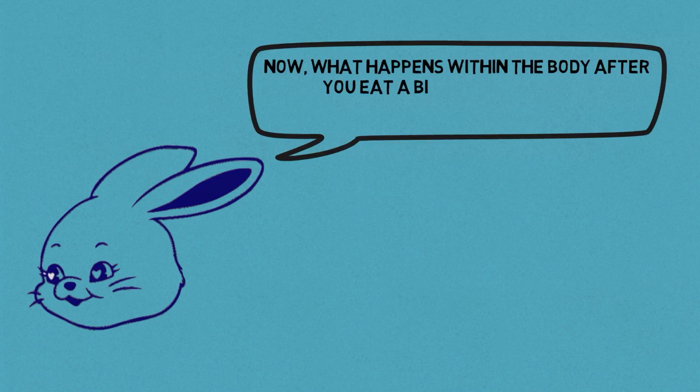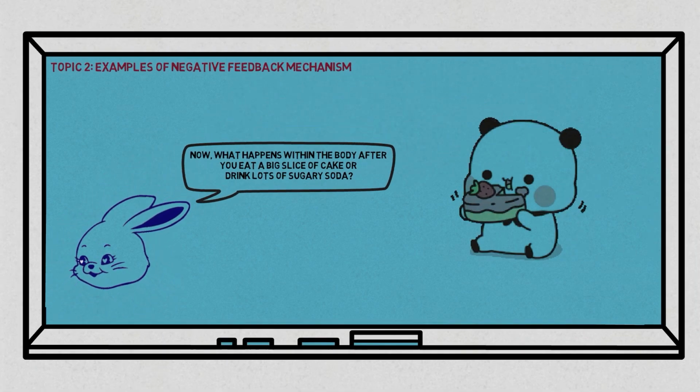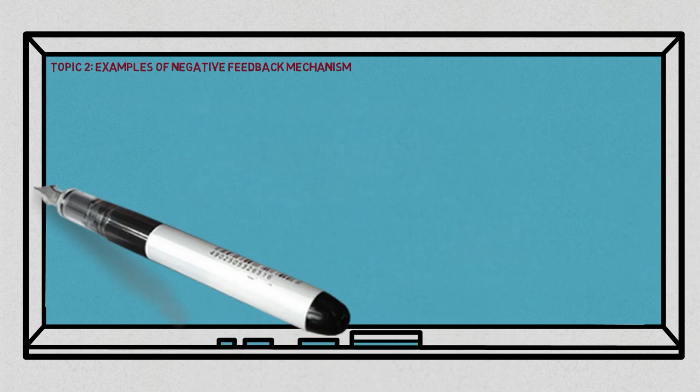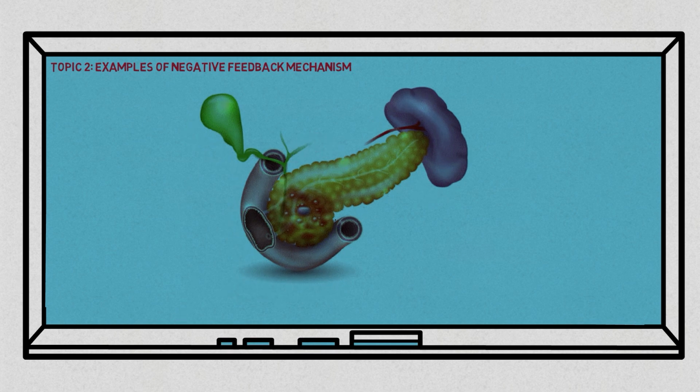Now, what happens within the body after you eat a big slice of cake or drink lots of sugary soda? Your blood sugar levels rise above their normal range. This stimulus of an increased blood glucose level will be detected by the receptors in the pancreas, which will send a signal to the pancreas itself, the control center in this situation.